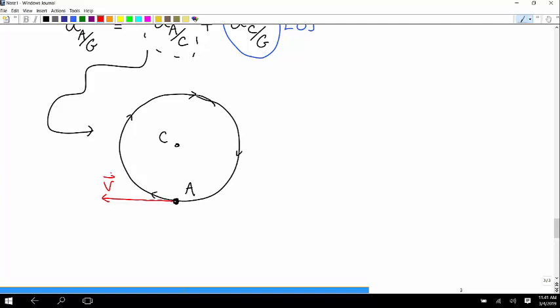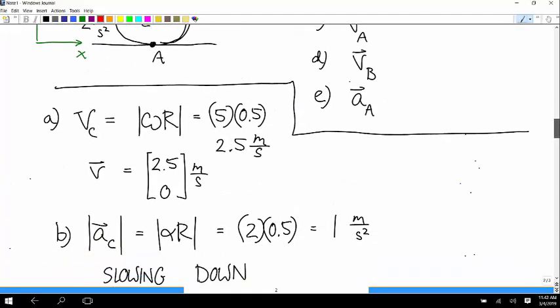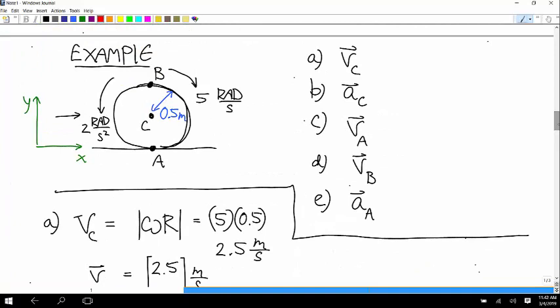If you were told the 2 radians per second squared, it does go counterclockwise. But we're going to think through this right from the start, like a circular motion problem, where we have to figure out the direction of the velocity, use that to figure out the direction of the tangential acceleration, and then do the centripetal acceleration.